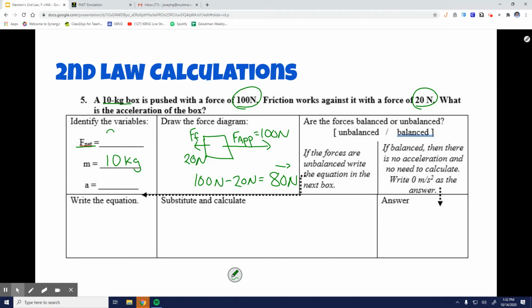So my net force is going to be 80 newtons. Because this force diagram is unbalanced, we choose unbalanced for that option.